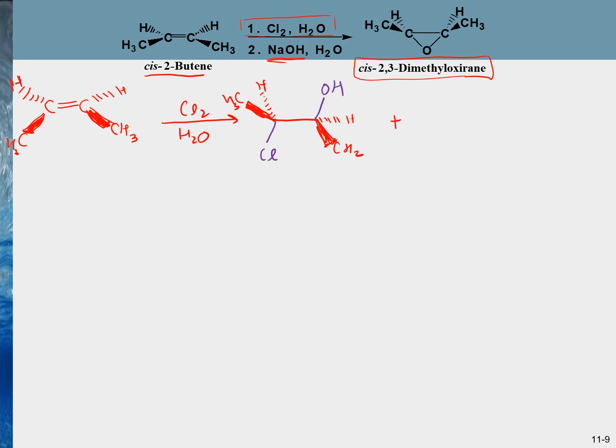And the other enantiomer will be one in which the chlorine is on the right hand side and hydroxyl group is on the left hand side, and you will see that these two molecules are mirror images of each other, hence they are a pair of enantiomers.